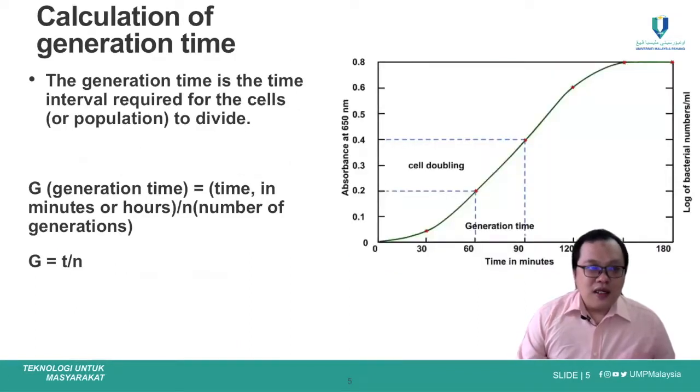To calculate generation time, we can use the formula: generation time equals time divided by number of generations, or you can obtain it from the graph plot as shown above.